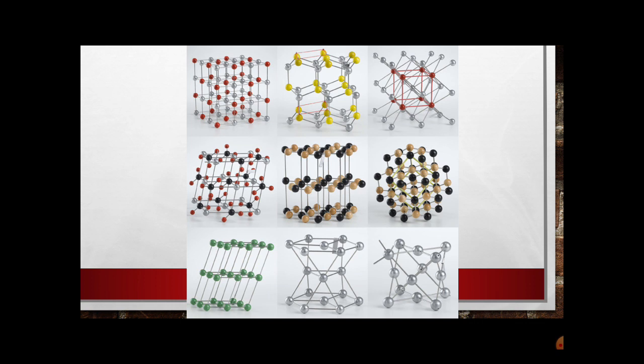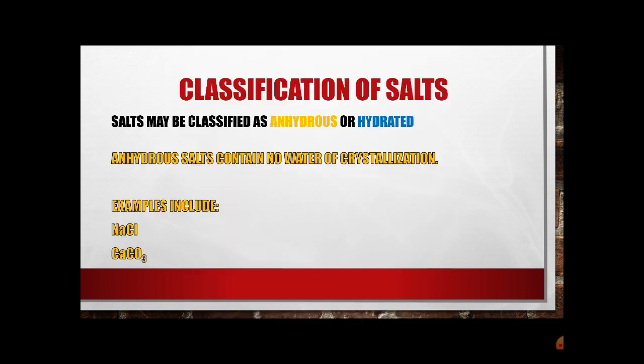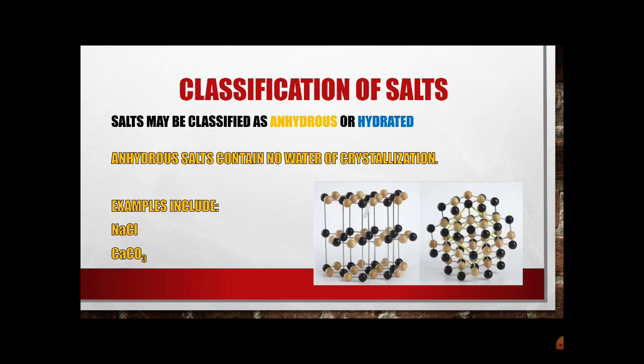Salts may be anhydrous or hydrated. An anhydrous salt has no water in its lattice, or in other words, they have no water of crystallization. Examples include sodium chloride and calcium carbonate.